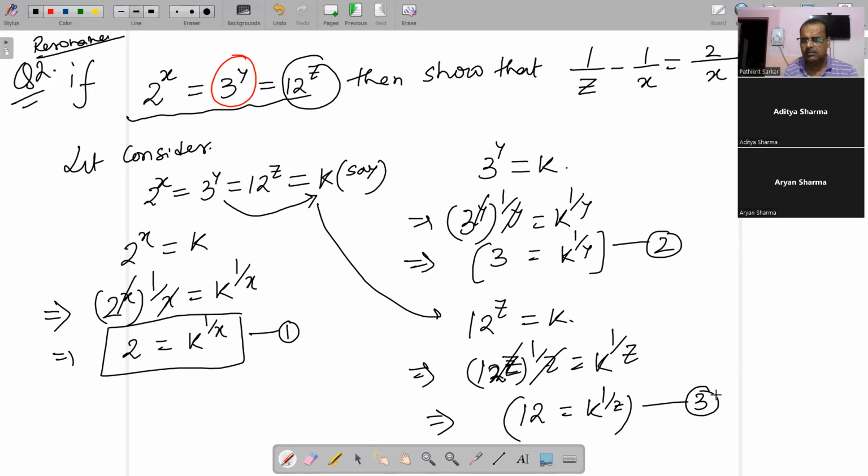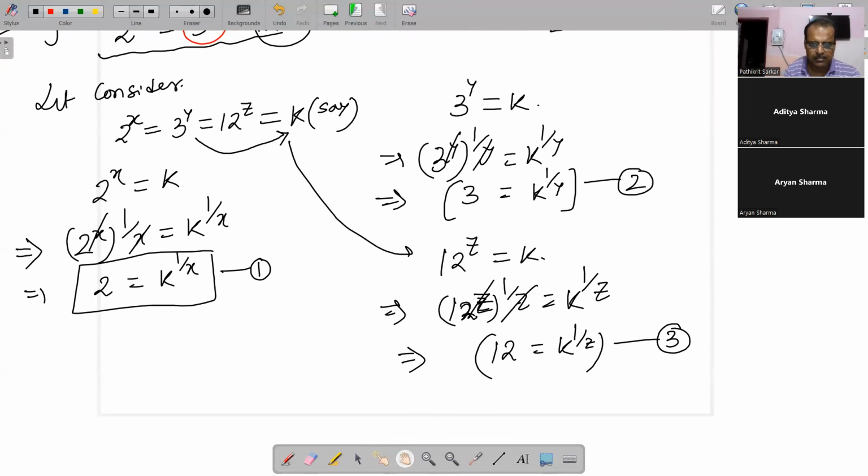ये हो गया। अभी क्या करना है सर? अभी इसी सिचुएशन में आप 1 by z minus 1 by x ऐसा कुछ दिया हुआ है। So 1 by z into 1 by x उसी फॉर्म में हमको लेके जाना है। कैसे लेके जाए sir?